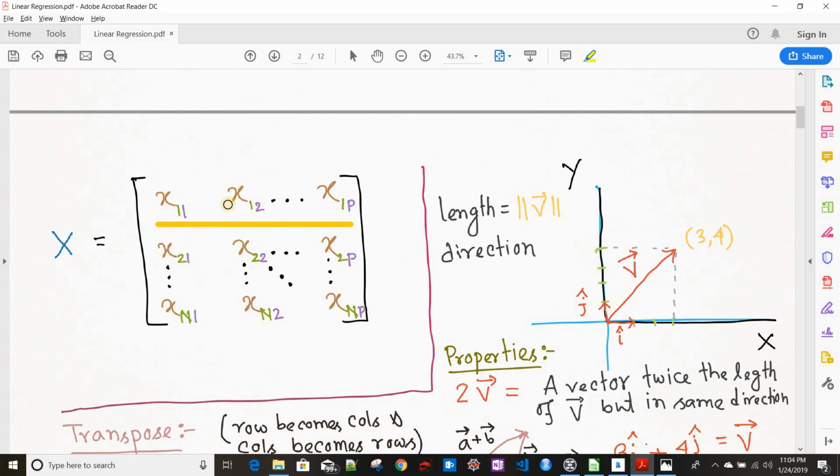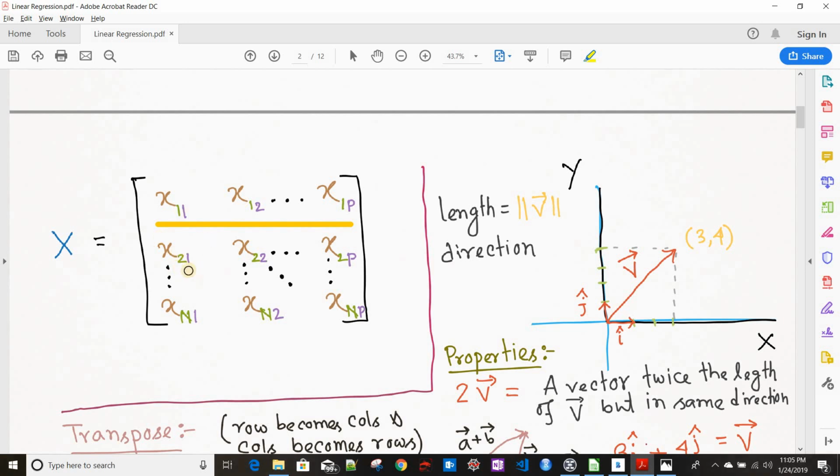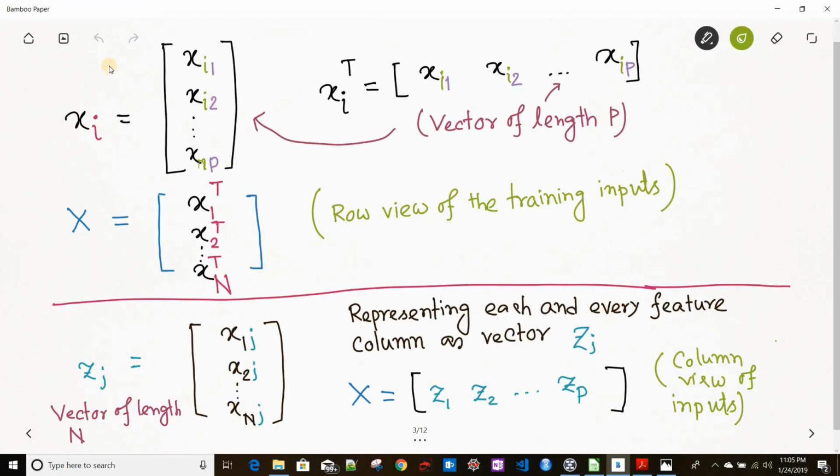So I give a notation xi, which represents a column vector xi1, xi2, up to xip, that means the generalized form of all these rows, correct?